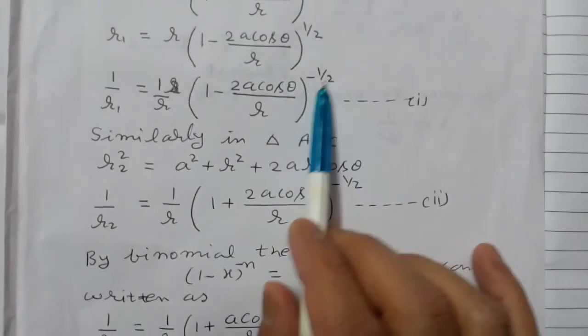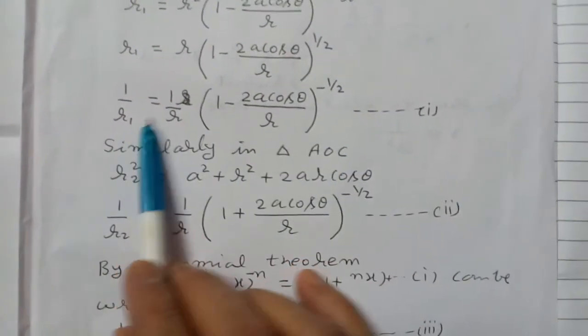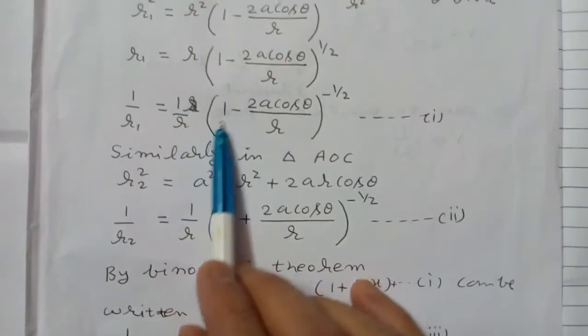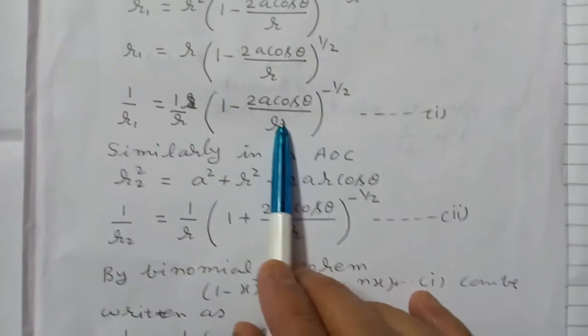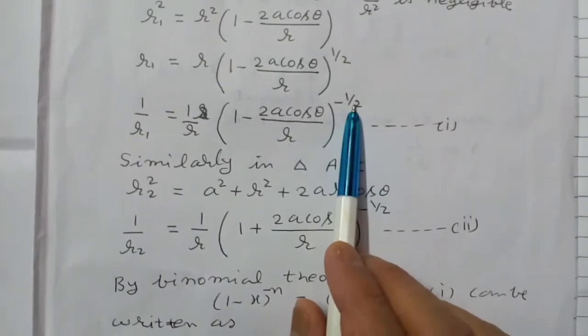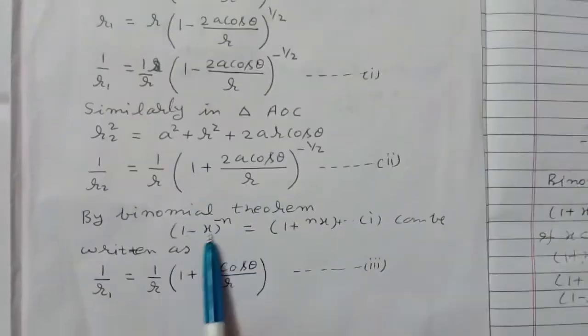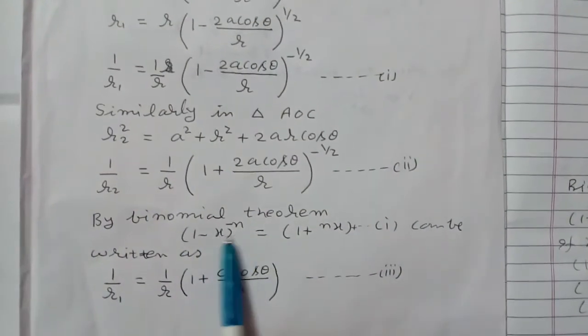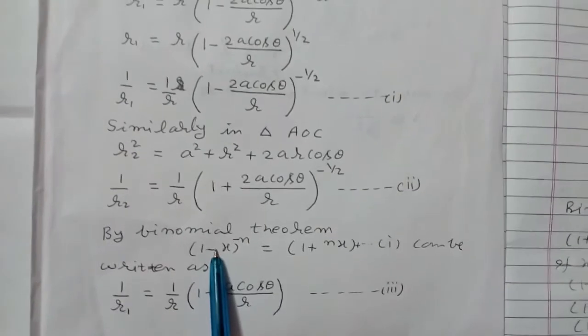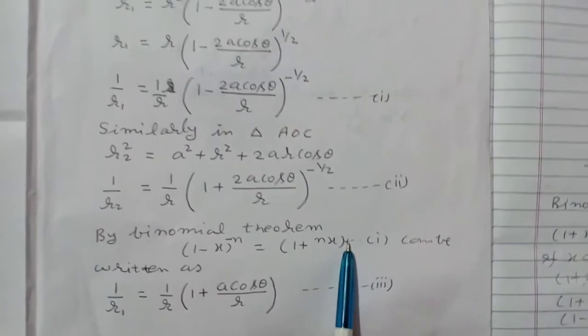So applying the binomial theorem in the first equation first. Here 1 by r1 is equal to 1 upon r, in bracket 1 minus 2a cos theta by r, to the power minus half. So n is equal to minus half here and x is 2a cos theta by r. So applying the binomial theorem by this formula, 1 minus x to the power minus n is equal to 1 plus nx.